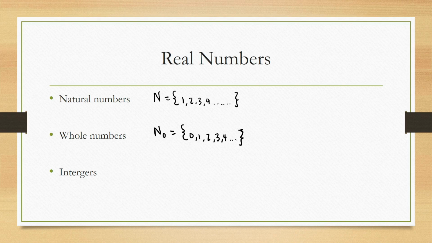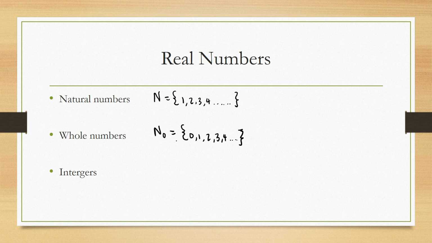Very important. Now, what are integers? I think integers were the third type of number that you were introduced to. At some point you were told that numbers do not only exist as positives, but we also have negative numbers as well.